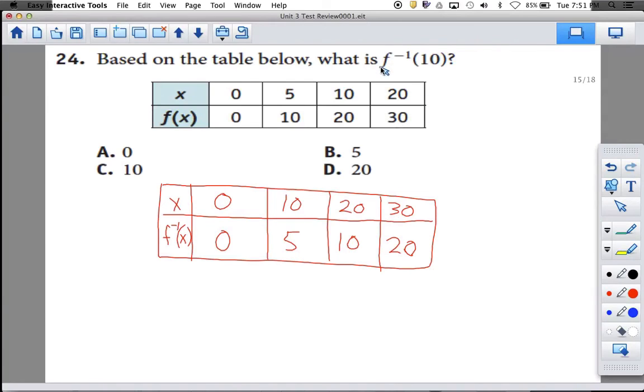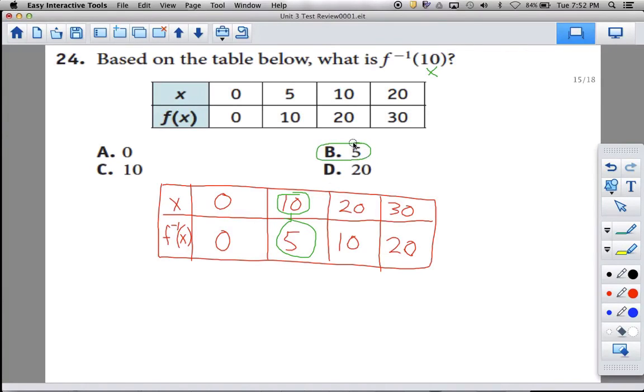Now, if you want to know what is the inverse of f of 10, you're going to use this table. This would be your x value. So when x is 10, what is your y value? From this table, when x is 10, your y would equal 5.